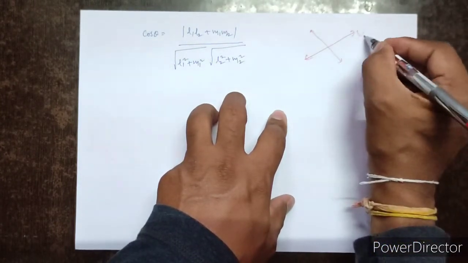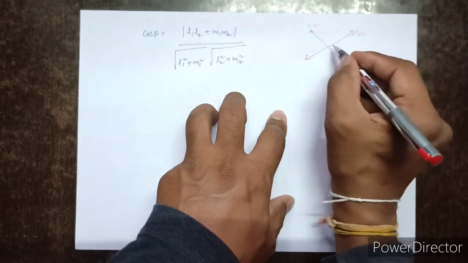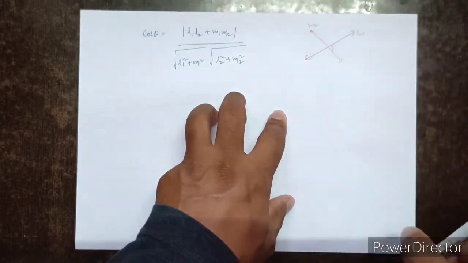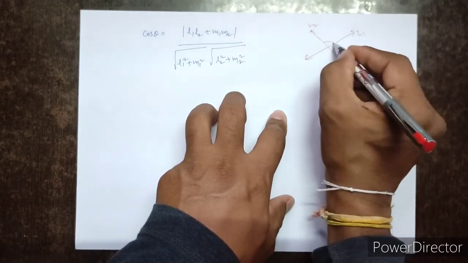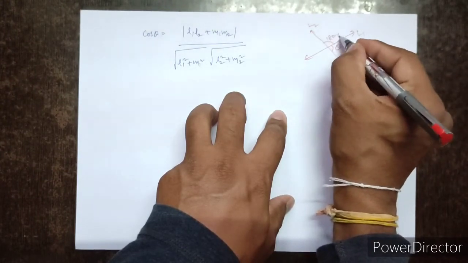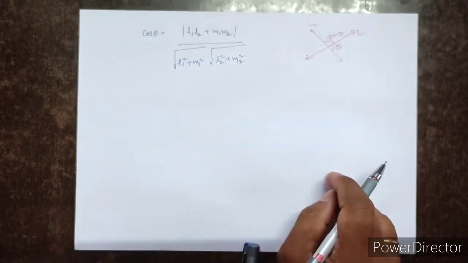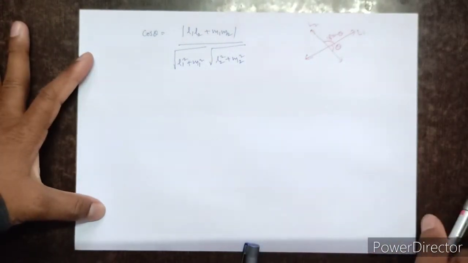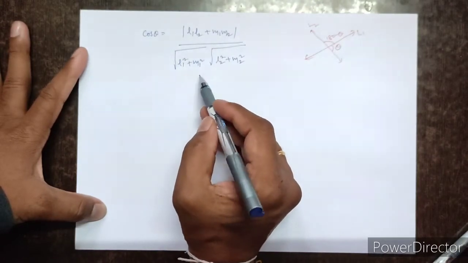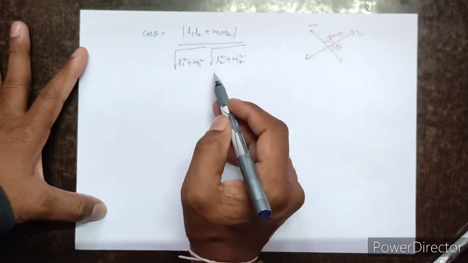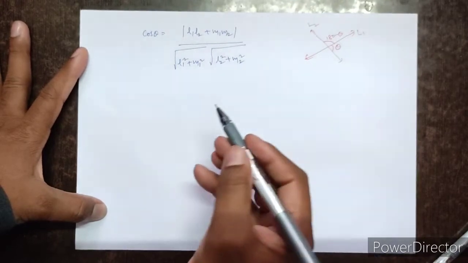These are the two lines, this is L1, this is L2. This is the angle theta, and this is 180 minus theta. Cos theta equal to modulus L1 L2 plus m1 m2 by root of L1 square plus m1 square into root of L2 square plus m2 square.